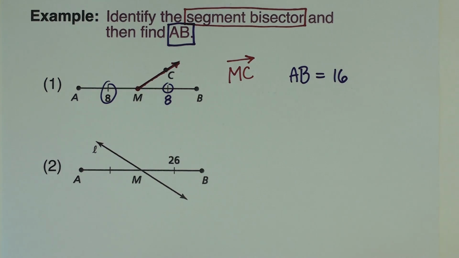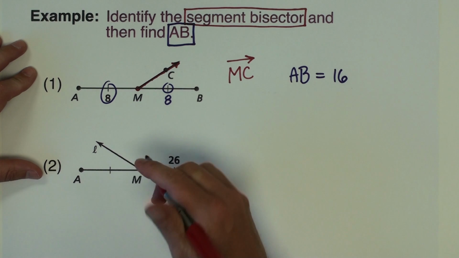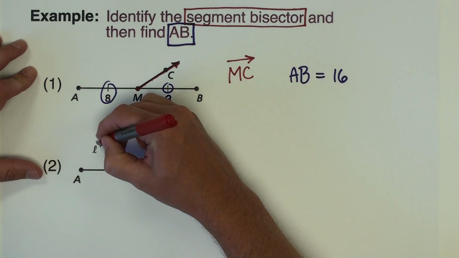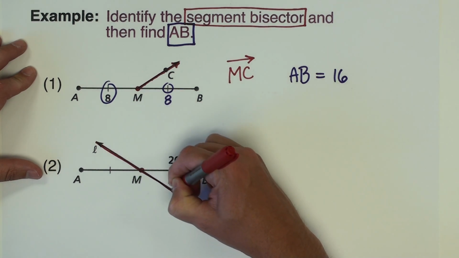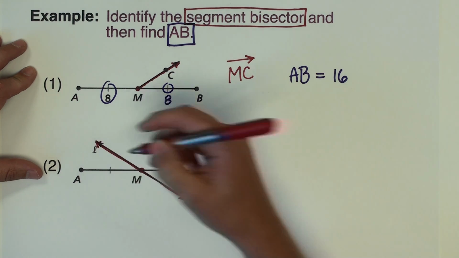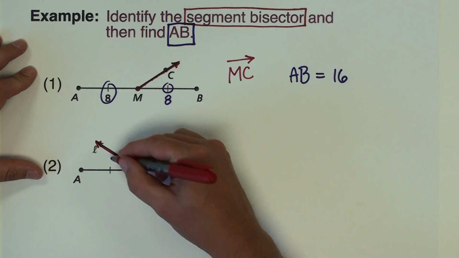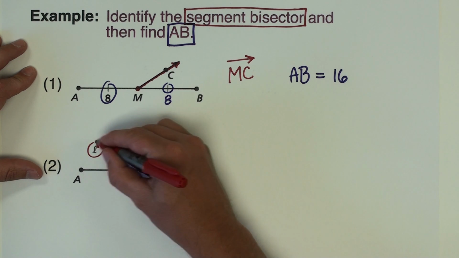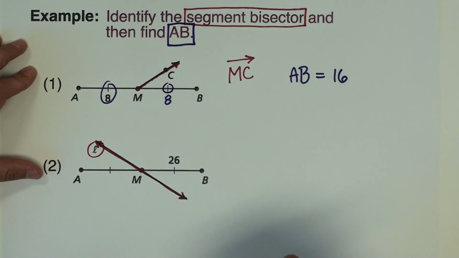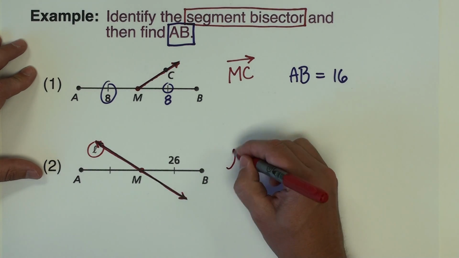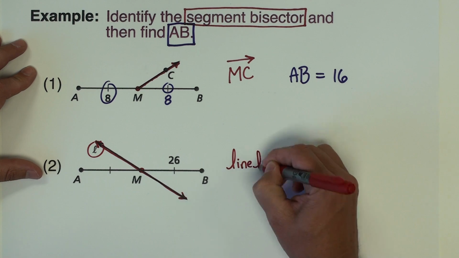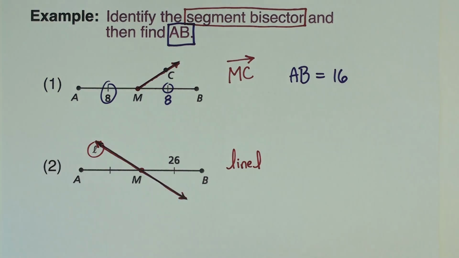Okay, second example problem, same exact directions. The segment bisector, right here at point M, we see this line. So the line is our segment bisector. There are no 2 points. There's just this indication out there that it should be called line L. So that's our segment bisector.